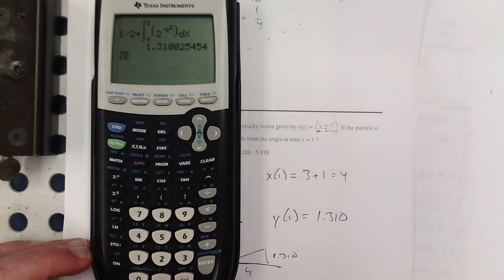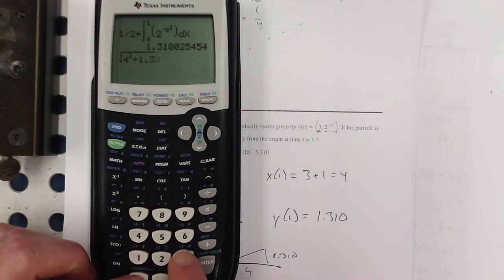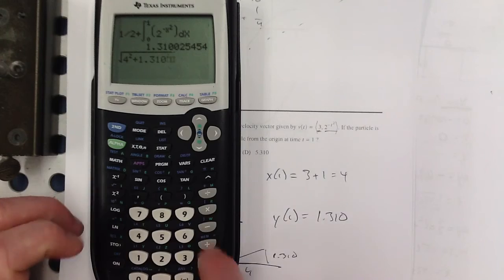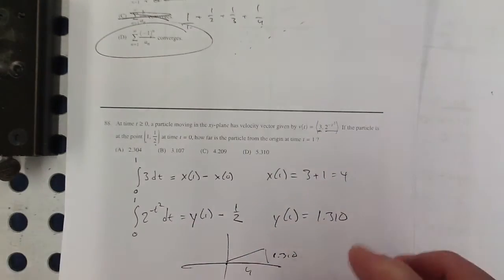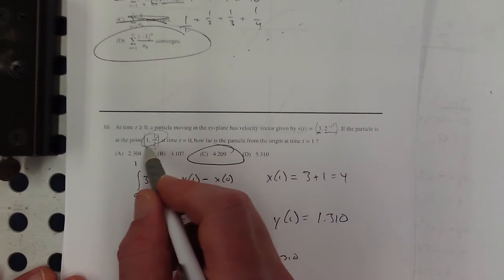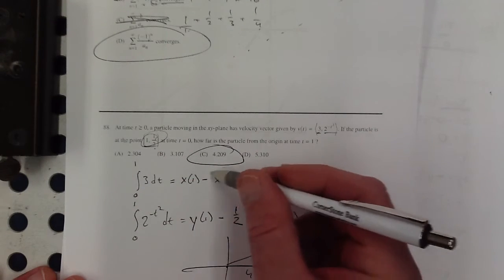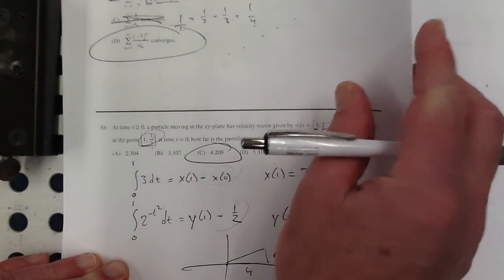So that would be 4 squared plus 1.310 squared, and that's about 4.209. I betcha they have an answer there for the person who forgot to add those initial values there. But I'll let you go back and check that if you like.